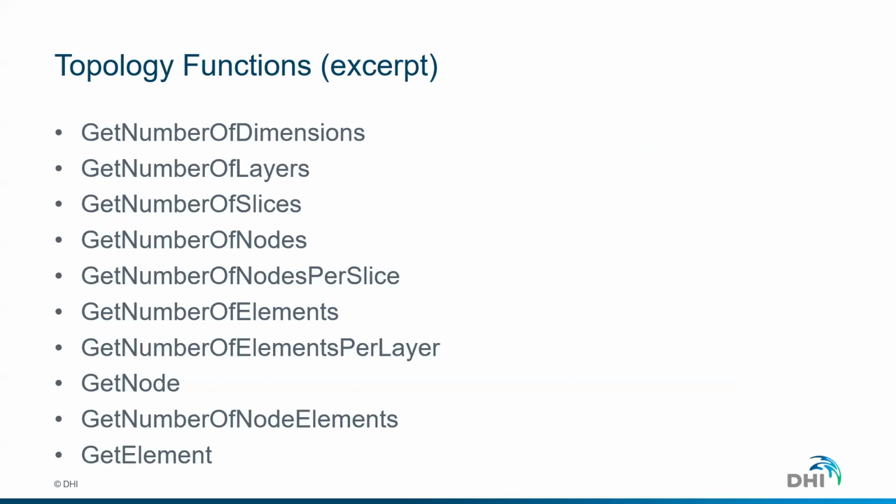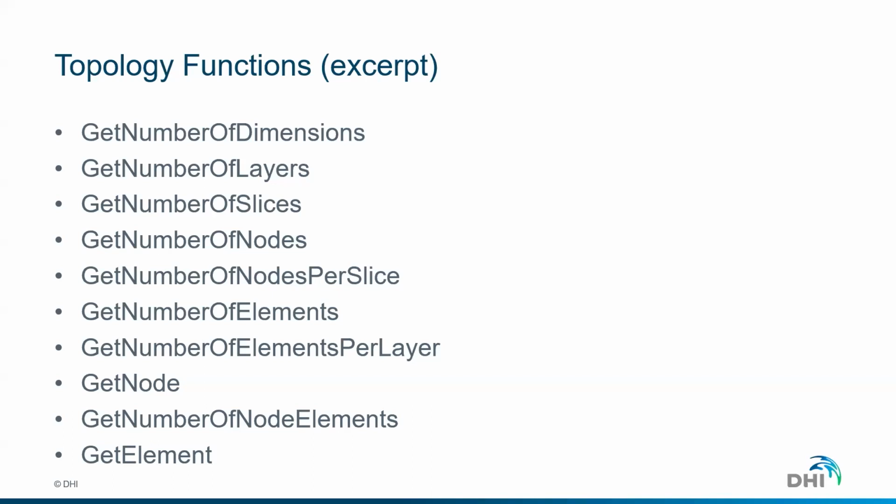Okay, so functions, because you need to do a lot of things to manipulate and access data. Normally you do it through IDs of nodes. It's a node number or element number. There are a number of layers, a number of slices.